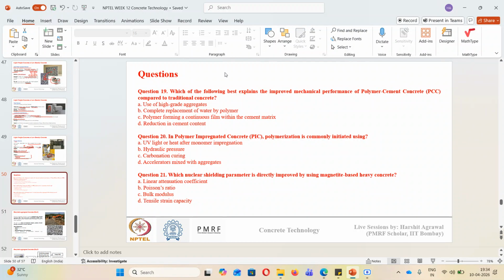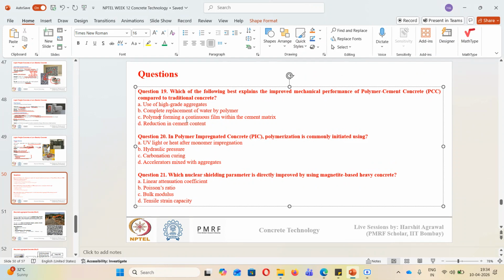Question number 19 says, which of the following best explains the improved mechanical property of a polymer cement concrete compared to a traditional concrete? Yes, the answer is C. So what is happening when we talk about polymer modified concrete?